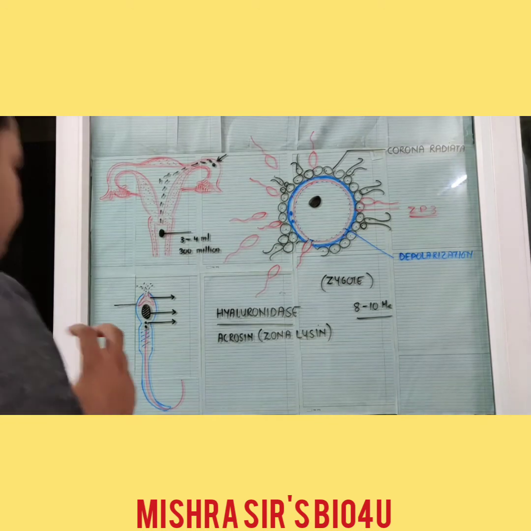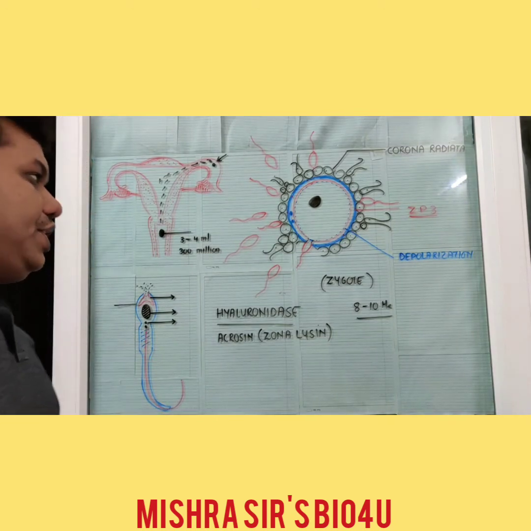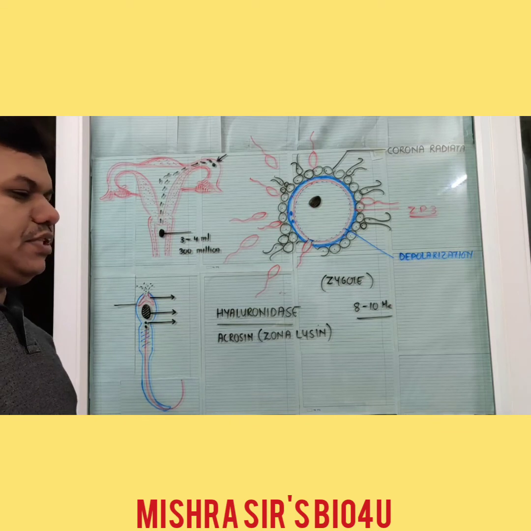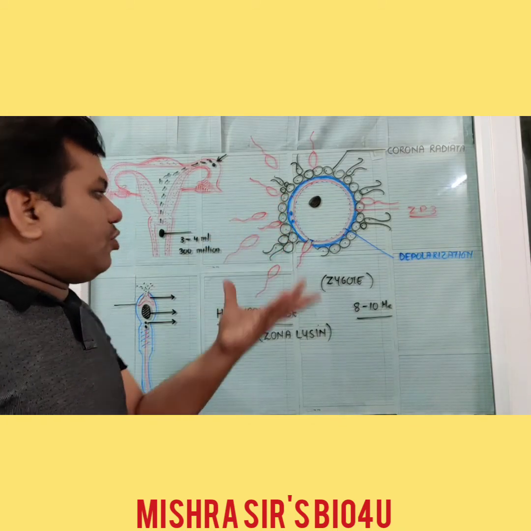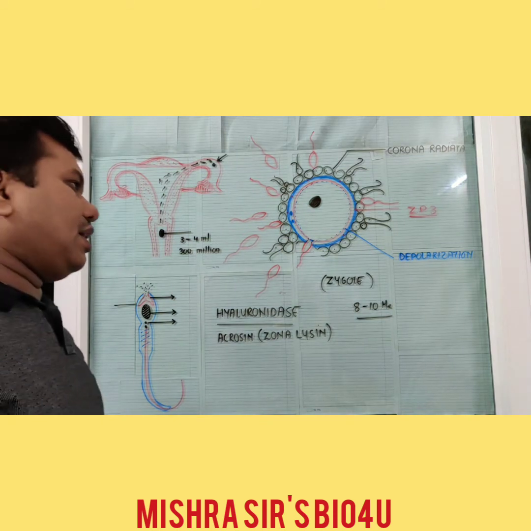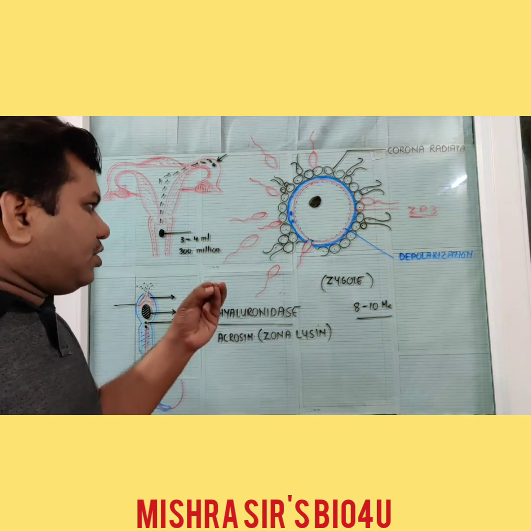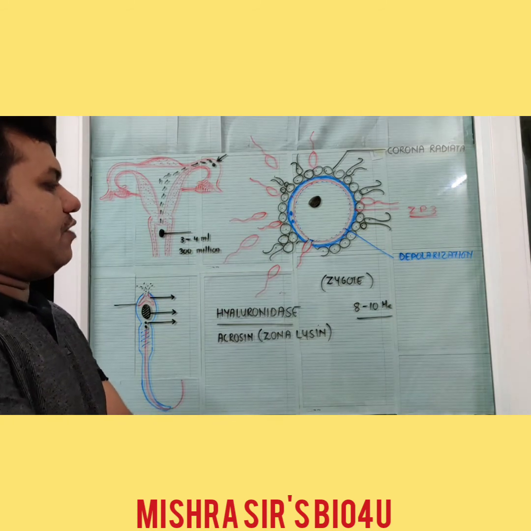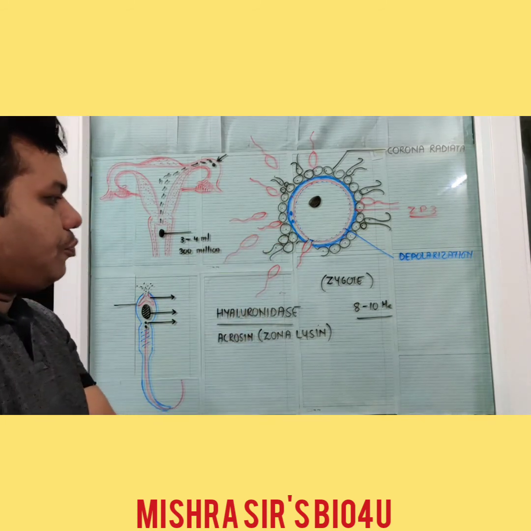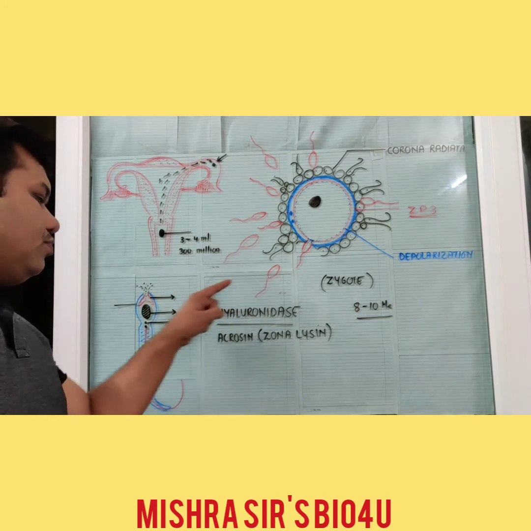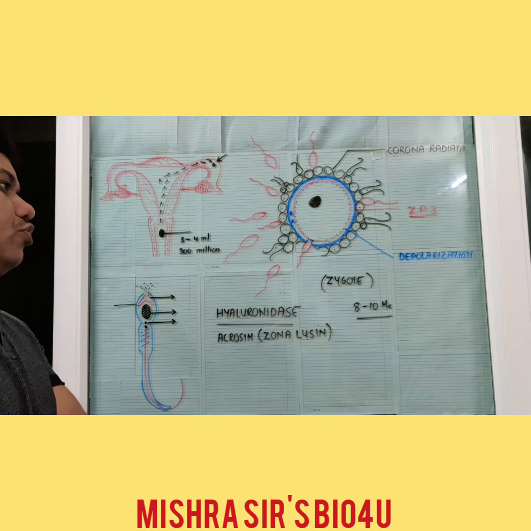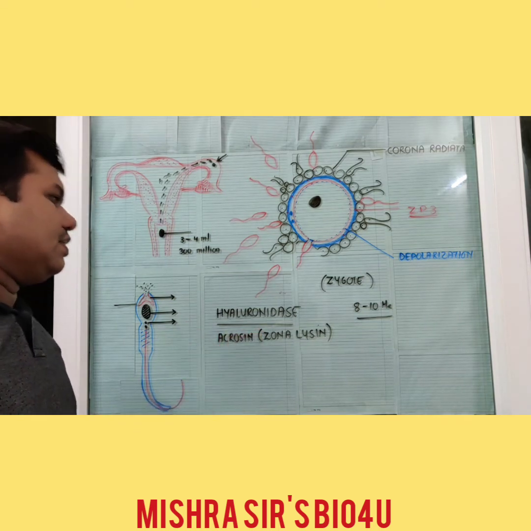Now remember, this part is very important, especially from the NEET point of view. I have seen, at least if we consider the last 4 or 5 years, at least 3 times an MCQ was there. One of the most important questions is when the second polar body is formed. To this I can easily say that it is just before fertilization, after the entry of the sperm. Yes or no? Yes. Next, the chemical which is produced, which helps in separating out the corona radiata, was hyaluronidase.